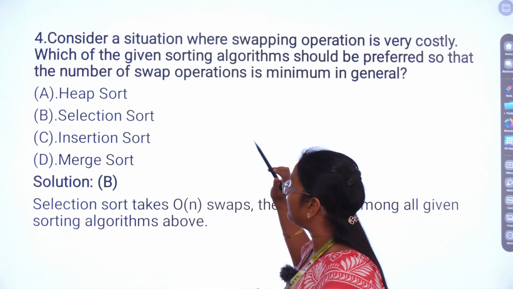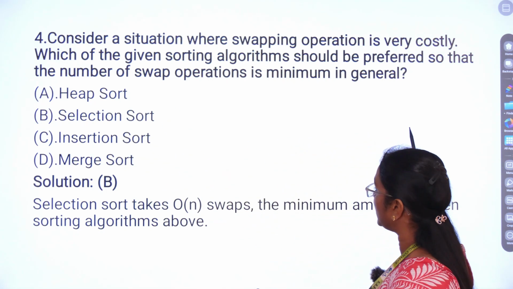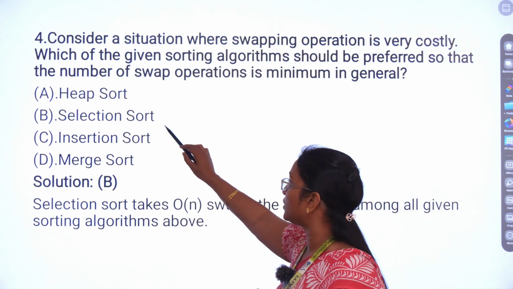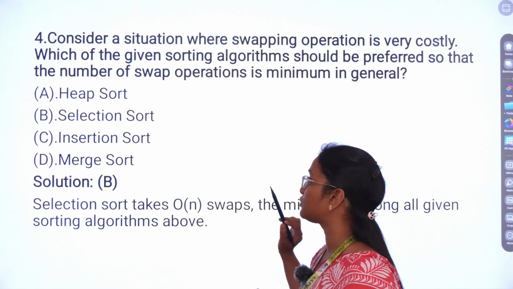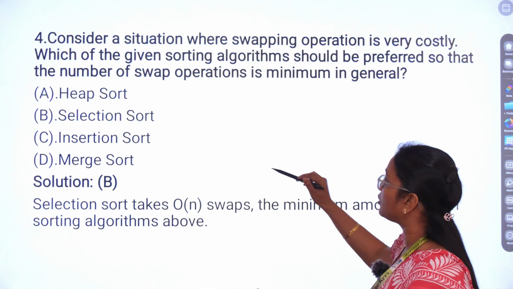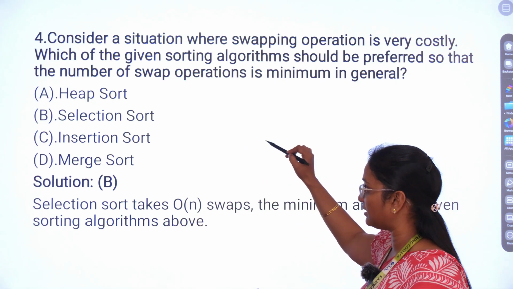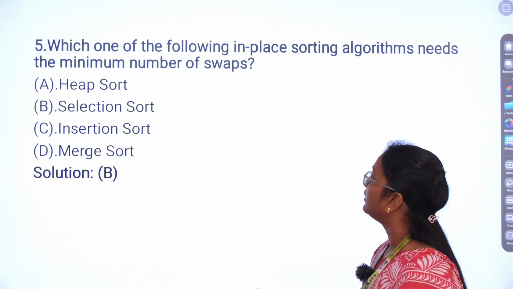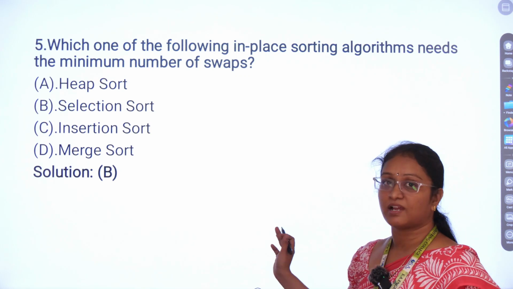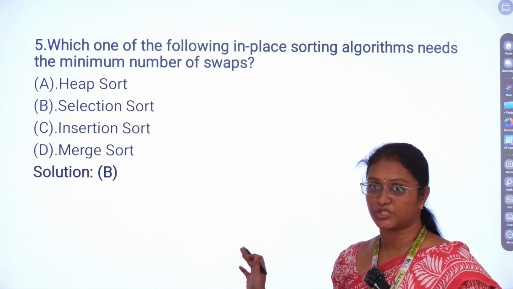So even in the situation of very costly swaps, the selection sort algorithm is used, because it follows an order of n. These are the questions already asked in previous year question papers.